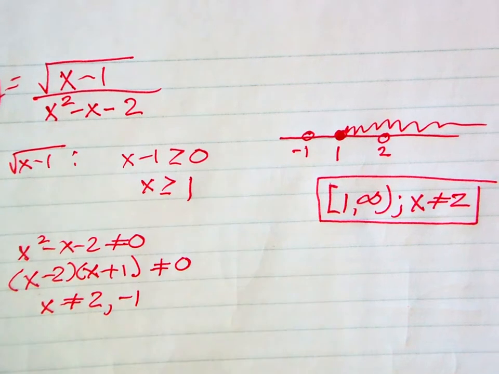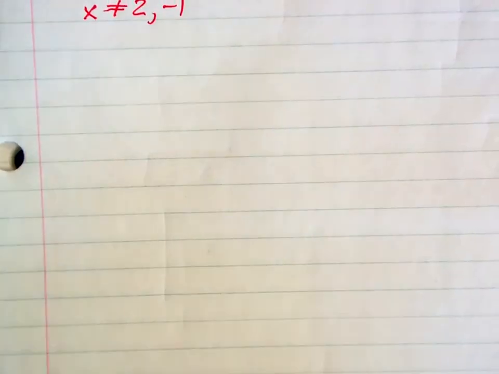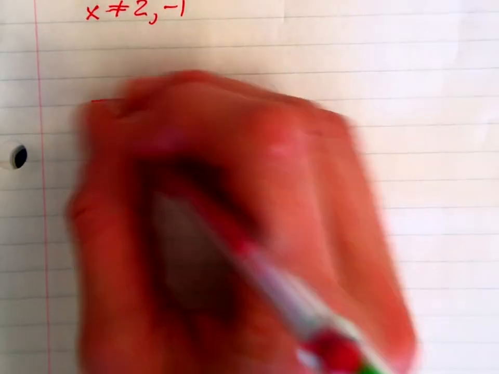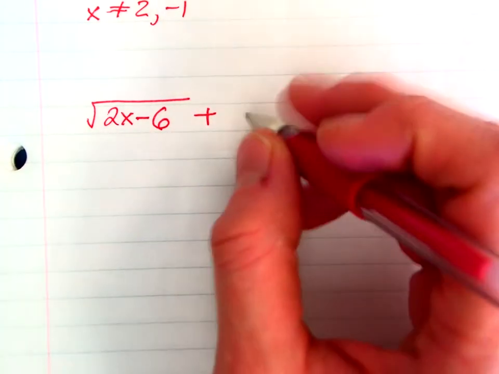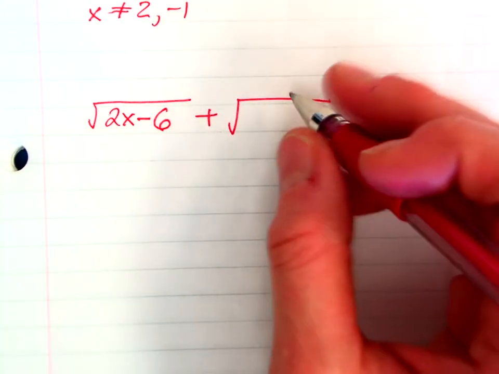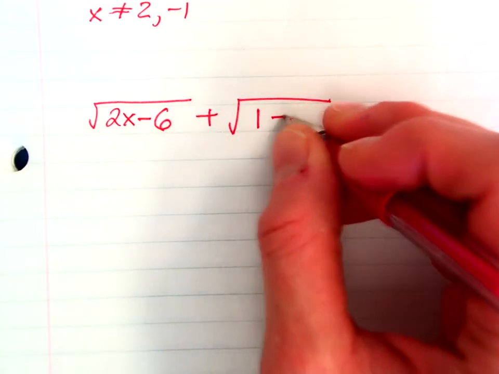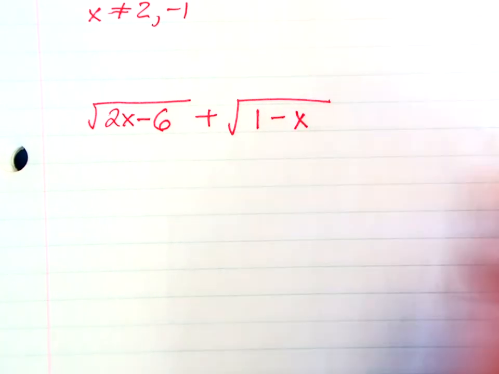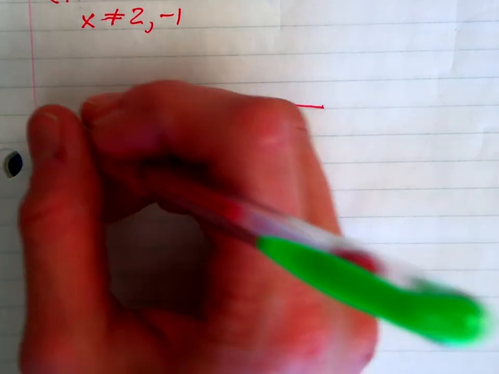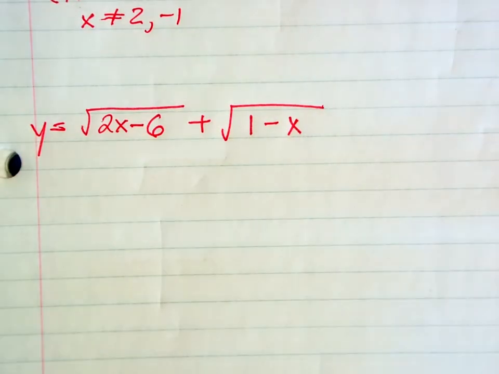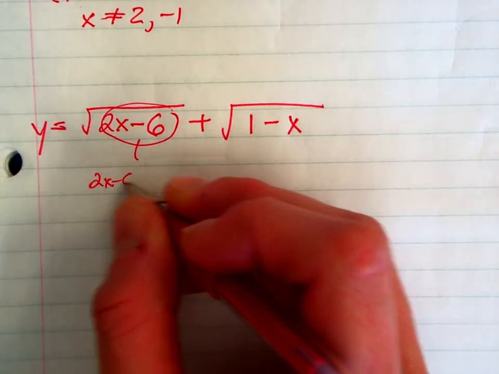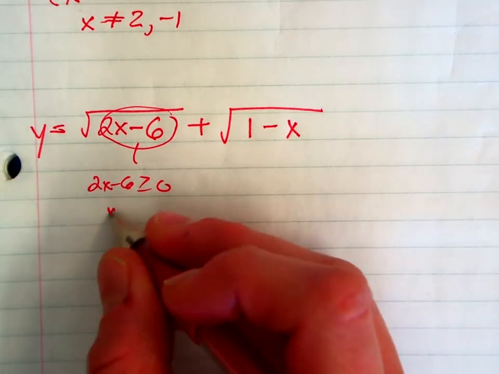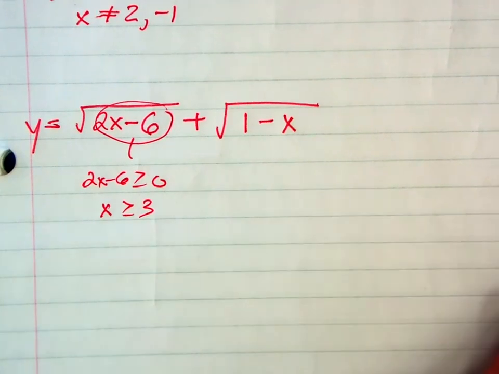Let's do another one. I could have the square root of 2x minus 6 plus the square root of 1 minus x. If I had this, I've got two radicals in this problem. I do each one separately. I have 2x minus 6 has to be positive, so x has to be greater than or equal to 3.